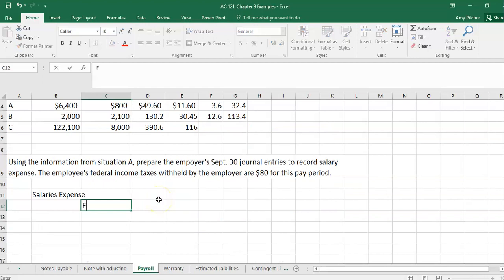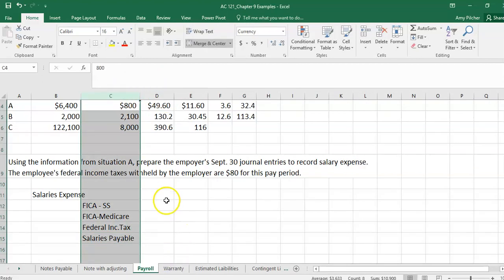So we have FICA, Social Security, and FICA, Medicare, and then we have federal income tax, and the amount that we are paid, salaries payable.